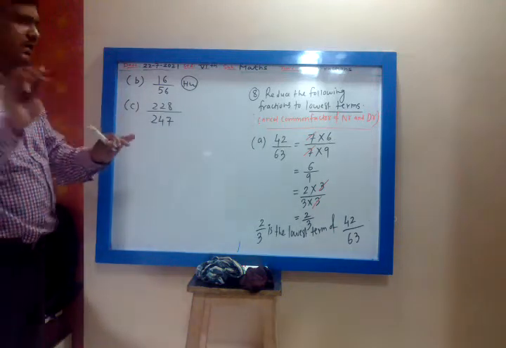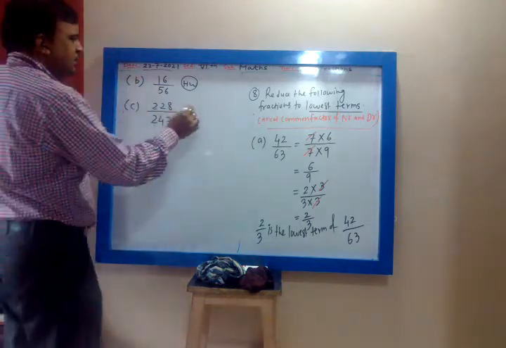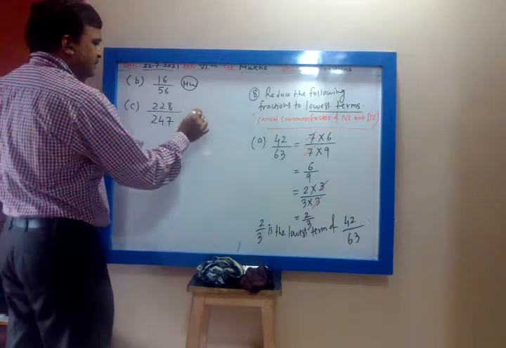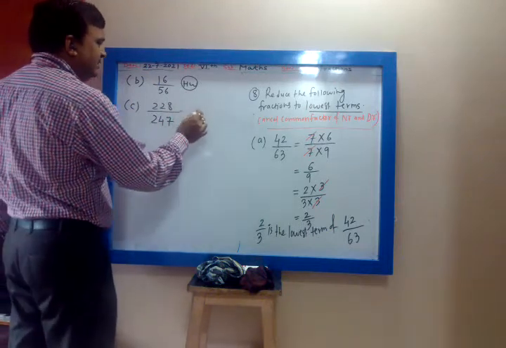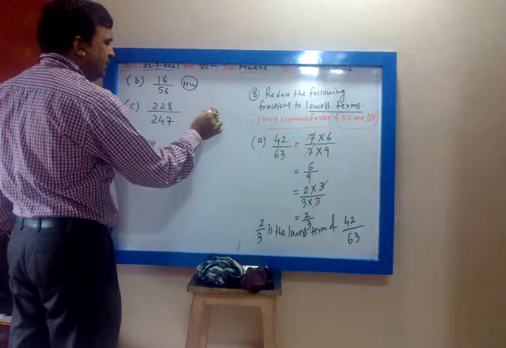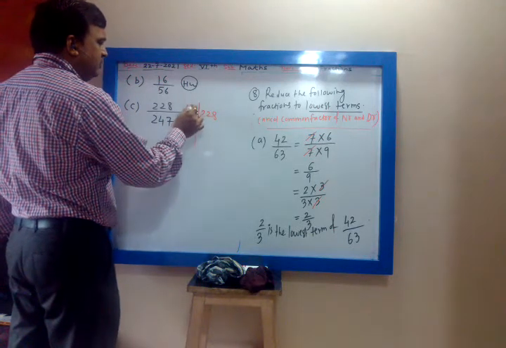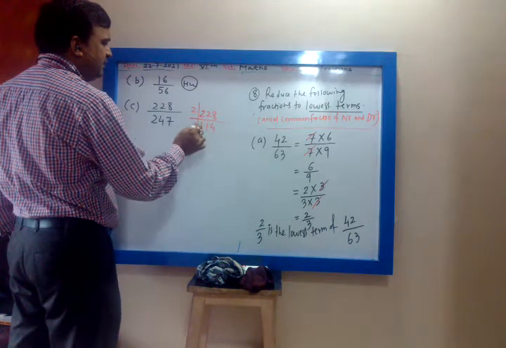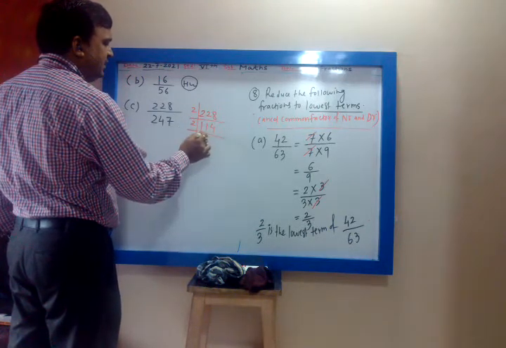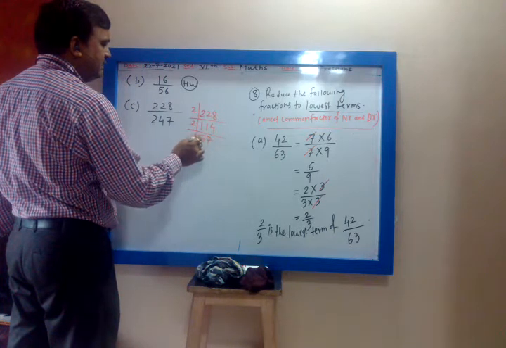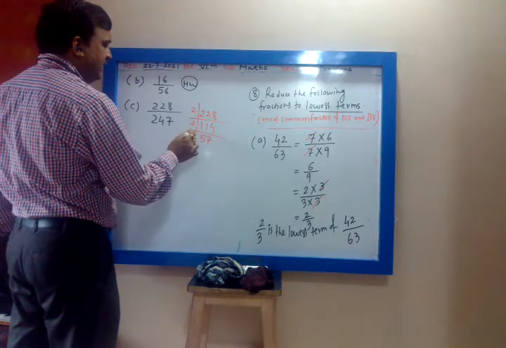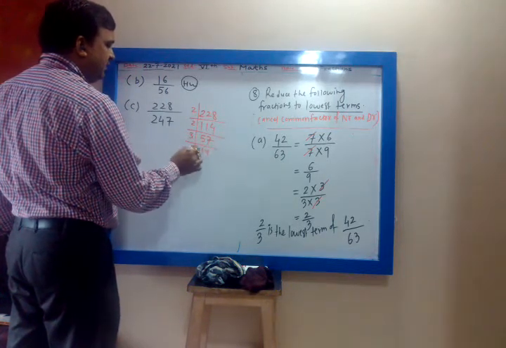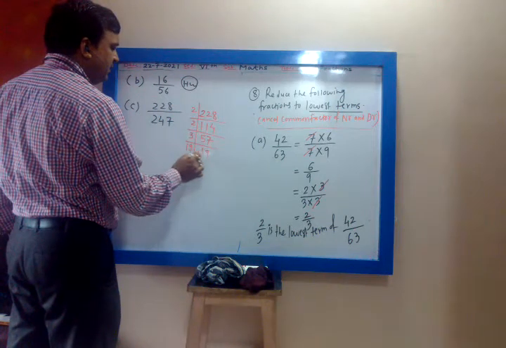Suppose I don't know anything. Let me do the prime factorization, which you have studied. 228: 2 1s are 2, 2 2s are 4, 2 4s are 8, 2 5s are 10, 2 7s are 14. Then 3, 19. Then 19 1s are 19.